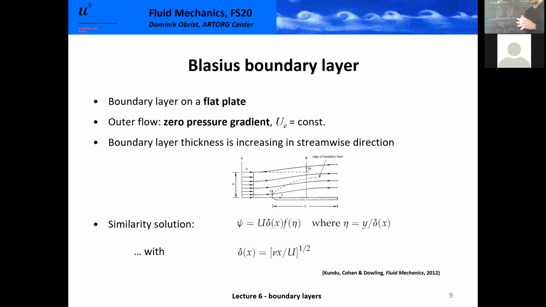Now the next thing, and that's again a very important observation, a bit of a stroke of luck or of genius, a very important observation of Blasius. He observed that these boundary layers at different locations on the flat plate have a very similar shape. He also observed that the farther he went downstream, the thicker the boundary layer becomes.